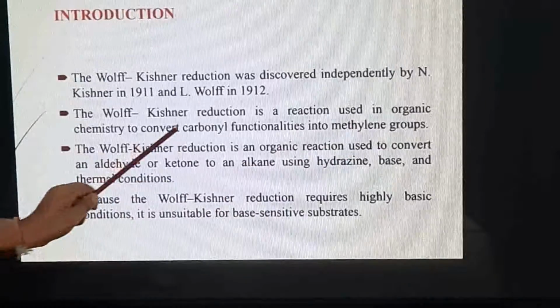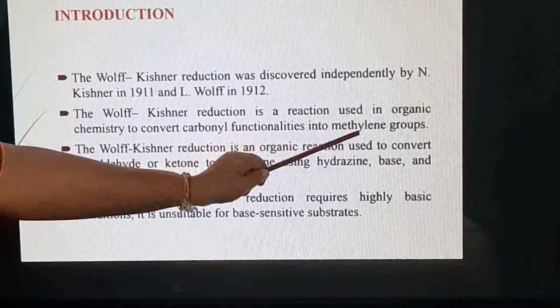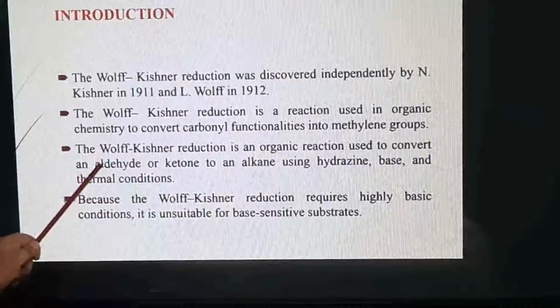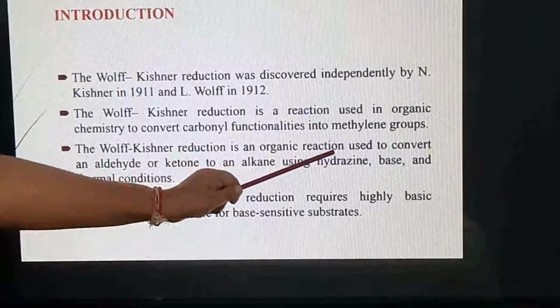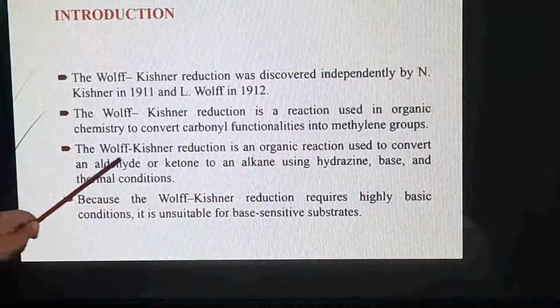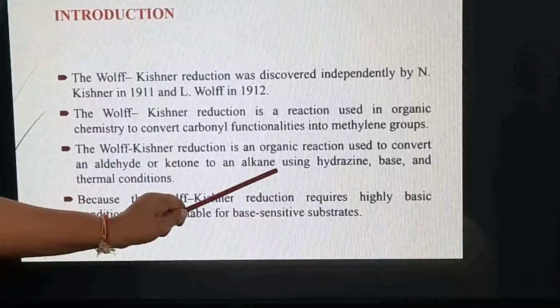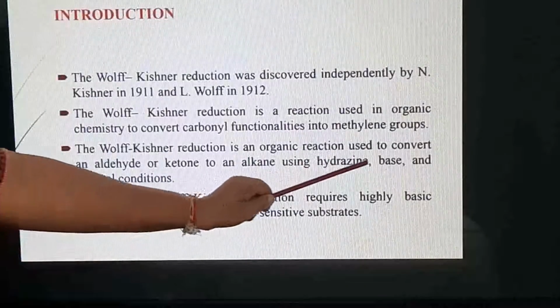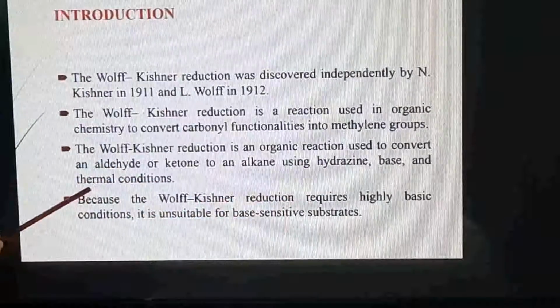That means a carbonyl group can be converted to a methylene group, CH2. The Wolff-Kishner reaction converts an aldehyde or ketone to an alkane using hydrazine, base, and thermal conditions.